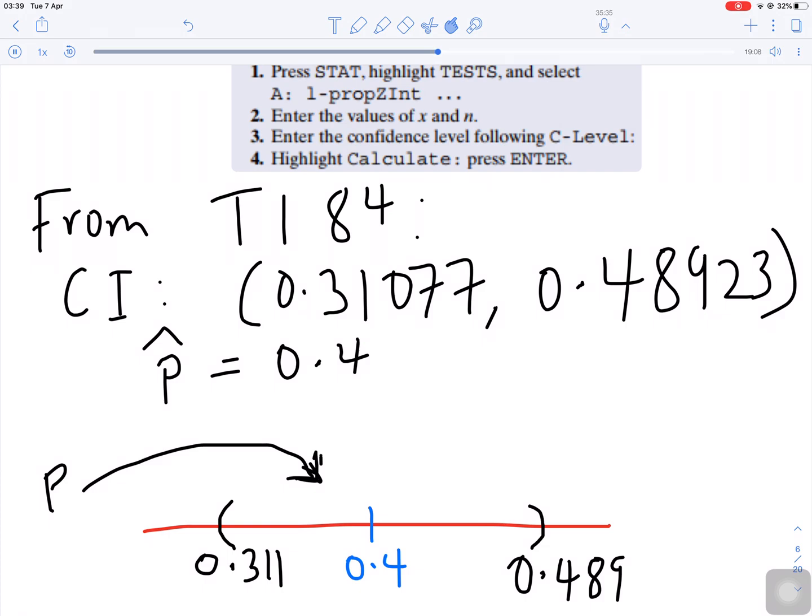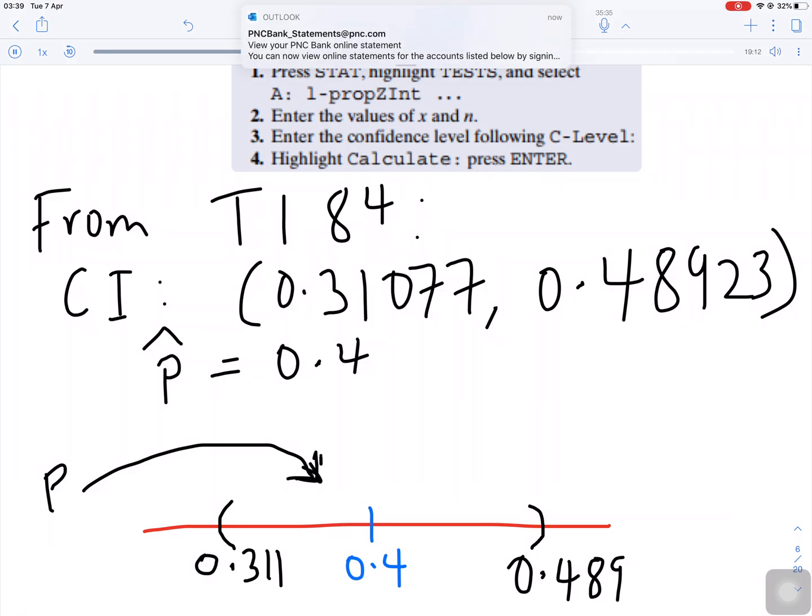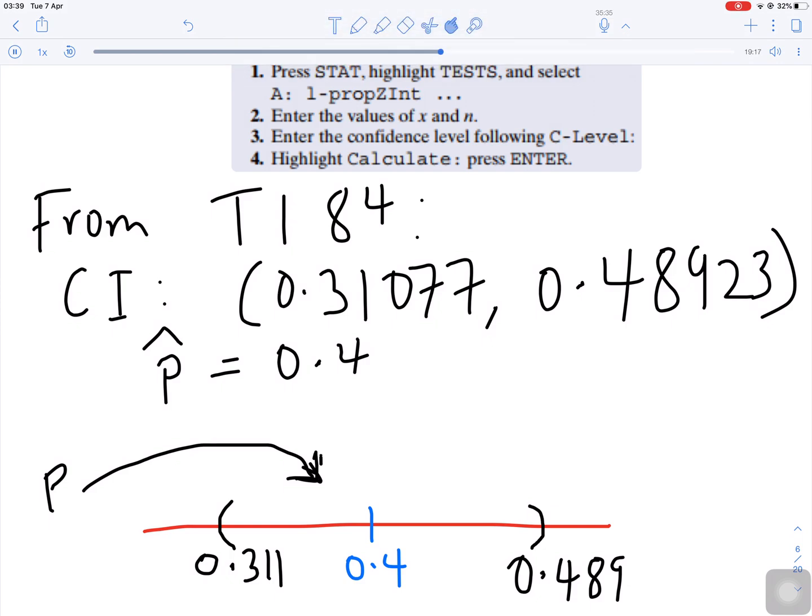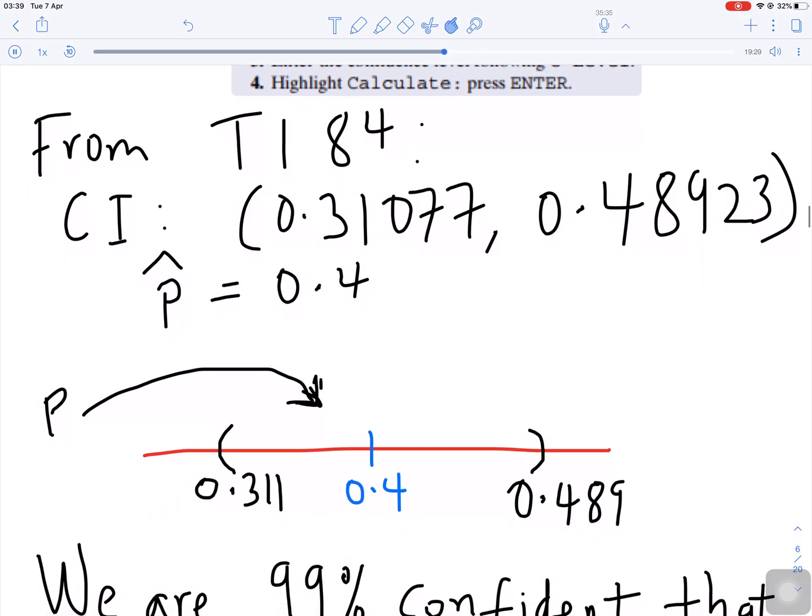The confidence level you need to enter in decimal form, so in this case, this has to be 0.99. So our x is 80, our n is 200, our C-level is 0.99. With that entered in the calculator, our calculator gives us the result, and that will be 0.31077 on the left and then 0.78923 on the right. So our confidence interval is given as in the picture.